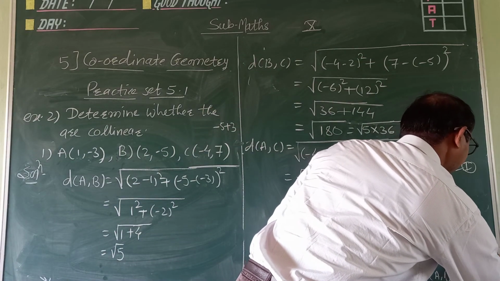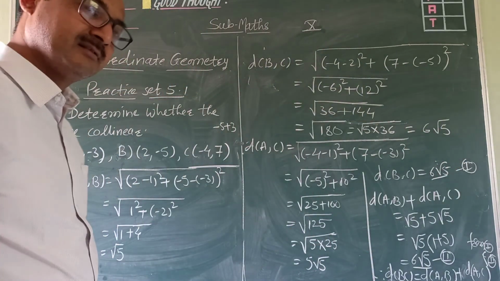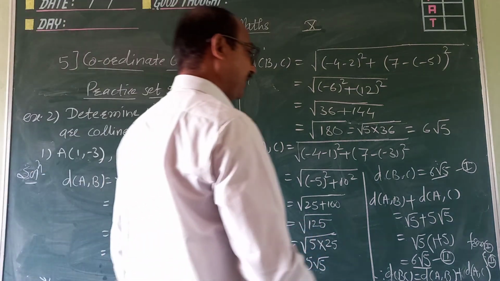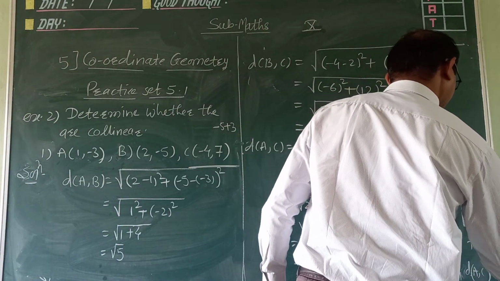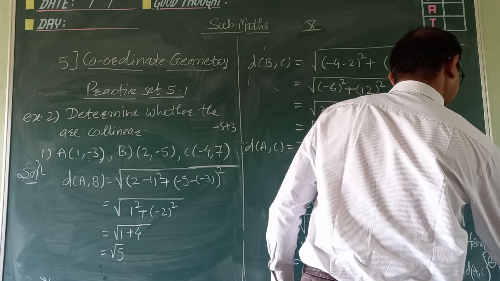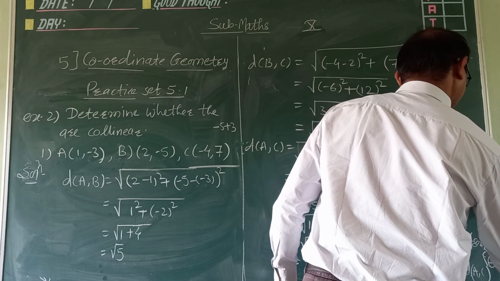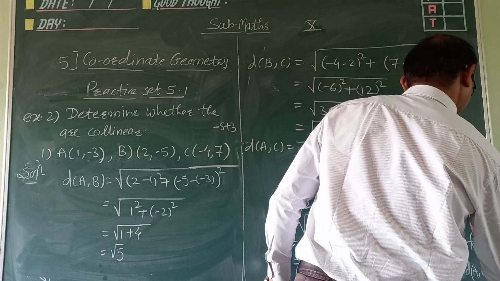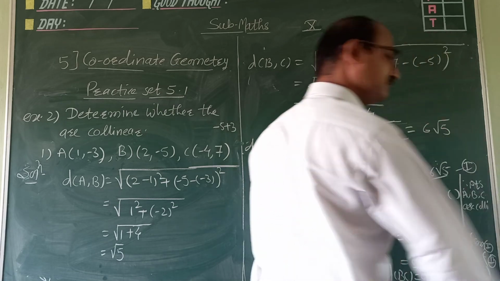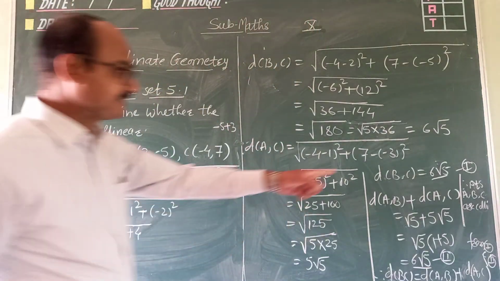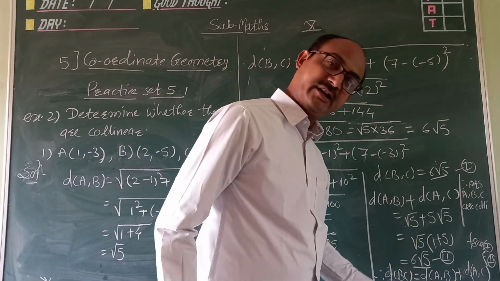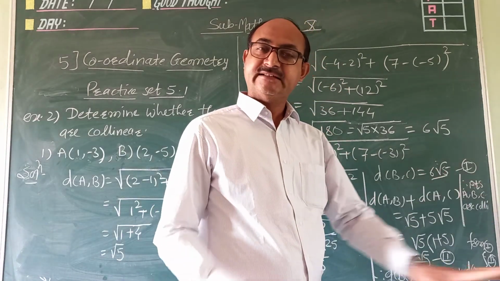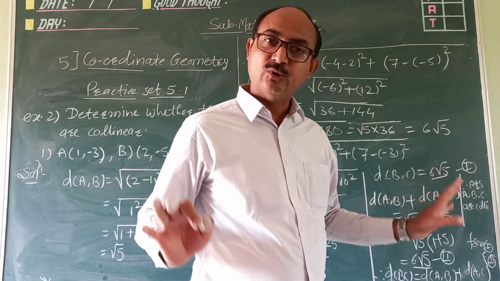If these two are equal, then we can say, therefore, the points A, B, C are collinear. If the distance is not the same, then you write not equal to, and whatever the given points are, they are non-collinear.